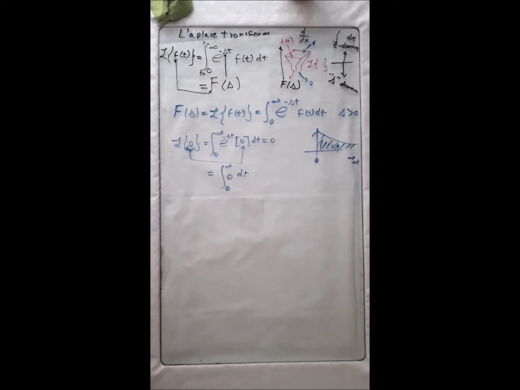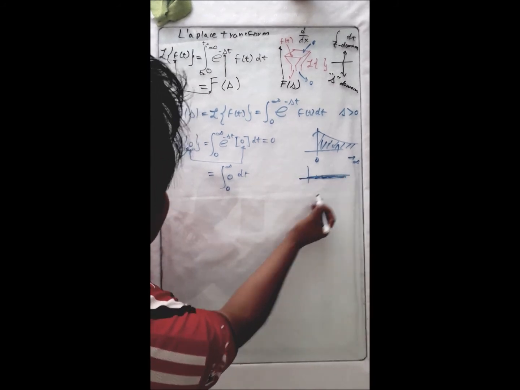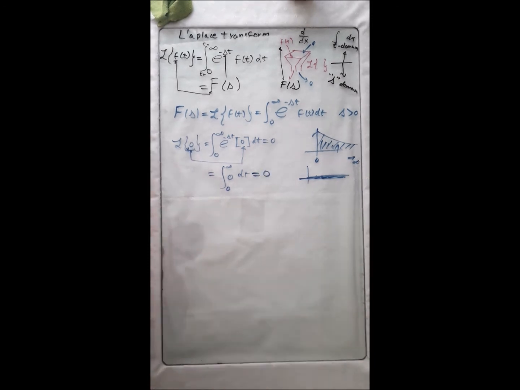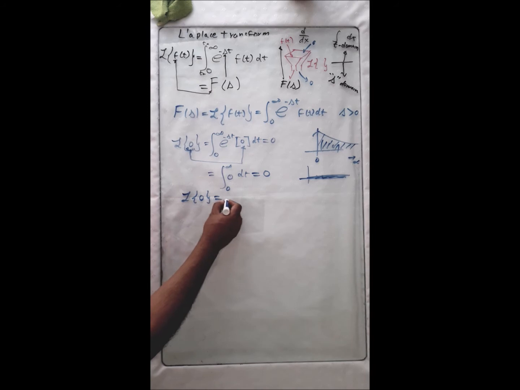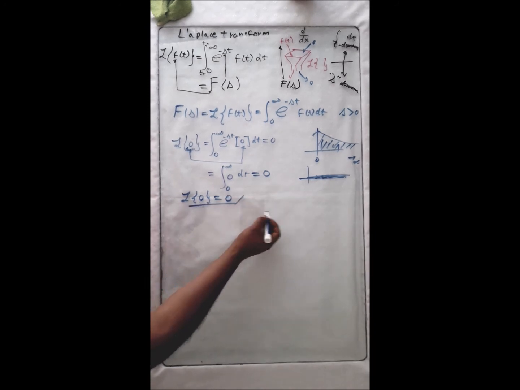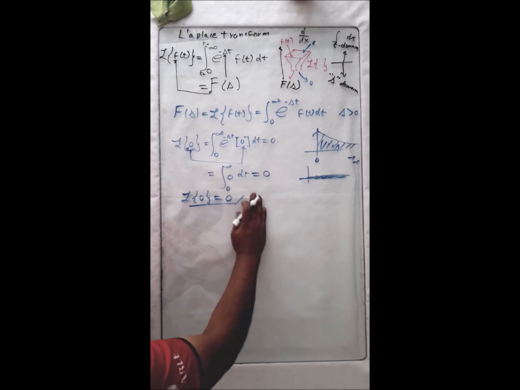Well, it's going to be a constant, but when you do the upper limit minus the lower limit, it's going to be 0, because in the end, there is no area. It's just 0. So the Laplace transform of 0 happens to be 0. This is the first thing of linearity. Looks linear.